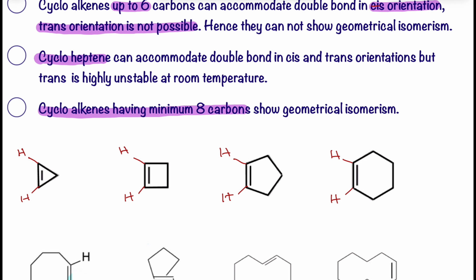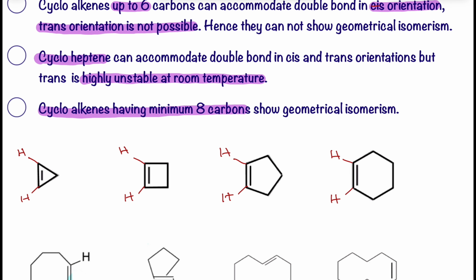At room temperature, trans is highly unstable. Therefore, we have to rule out, we have to discard even cycloheptene. So, from the first and second points, we can conclude that from cyclopropene to cycloheptene, the double bond is not a geometrical center.